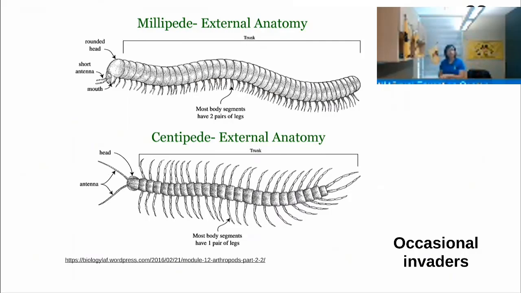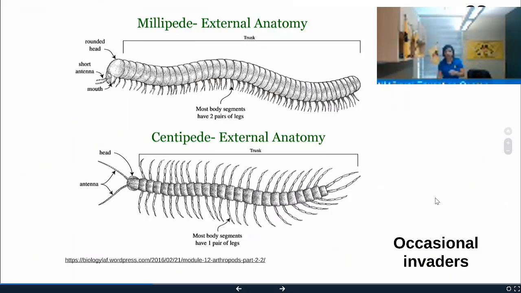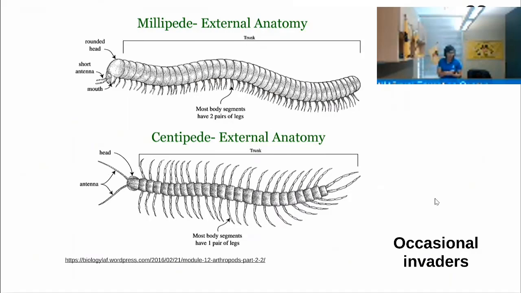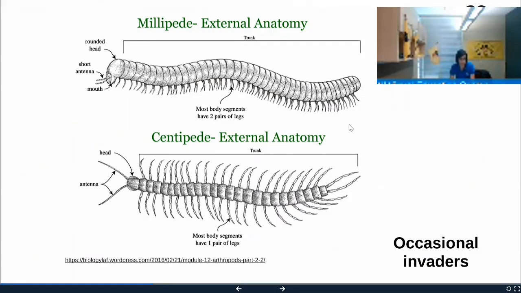And that's common to see during rainy season. These occasional invaders in verandas, around the external perimeter of the building, trying to get in. That's the reason why we have some baits, also certain types of application for treatment outside for these pests.